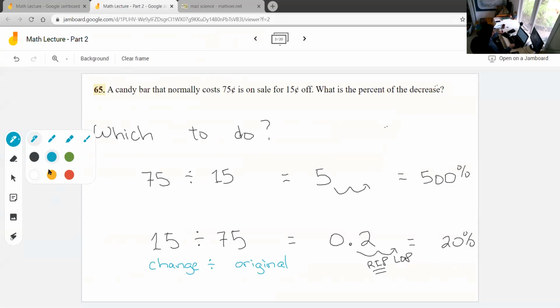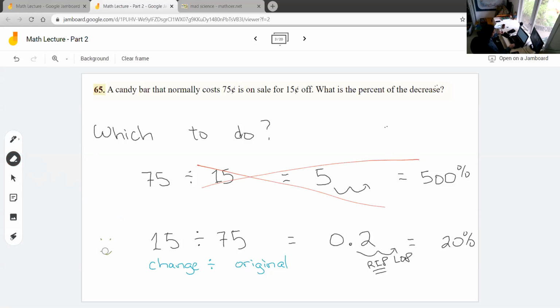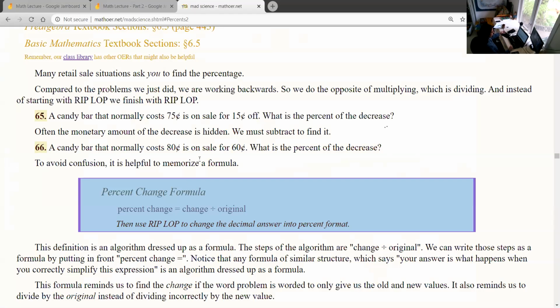So that worked. That one was the wrong one. Everyone okay with that? So change divided by original, and that's certainly worth memorizing. We will use that again and again and again.